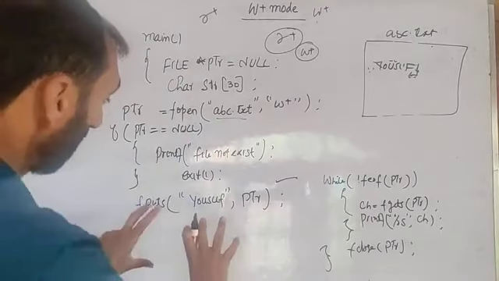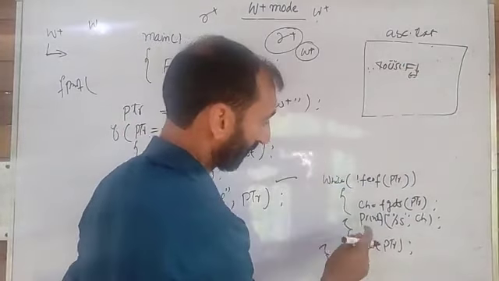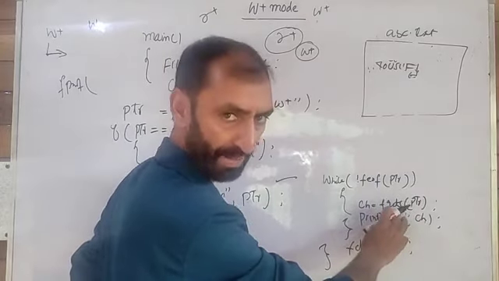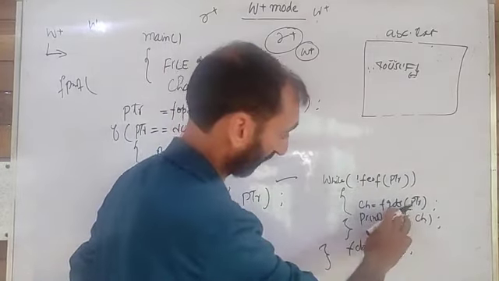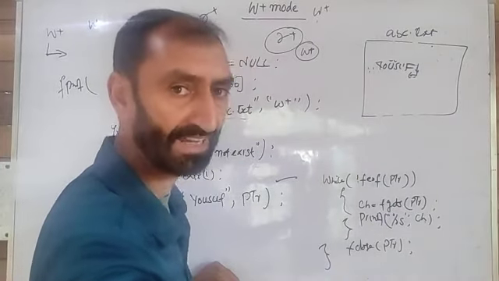Take care. Now, I want to read the contents of this file. We know that for reading the content of the file, we use the functions fgets and fgetc. fgets is used for reading a string, and fgetc is used for reading a single character at a time.